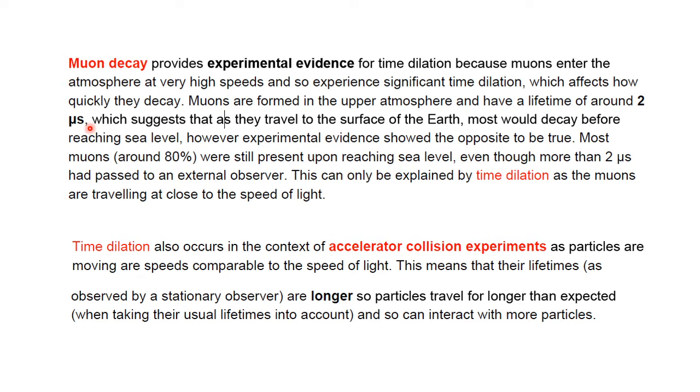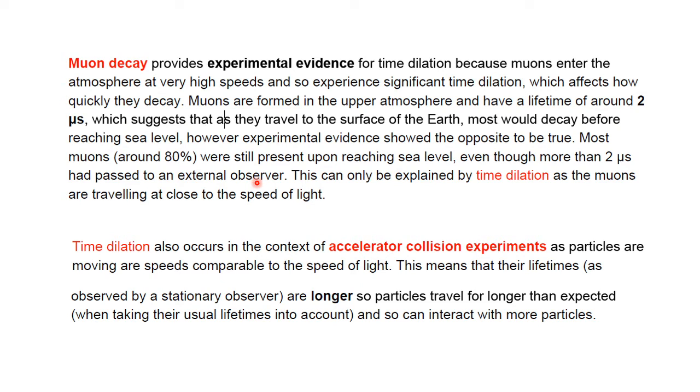But actually there is evidence showing that muons are found on the surface, at sea level. So how can this happen? It takes only 2 microseconds as measured in the muon's own frame, but for the external observer more time passes.